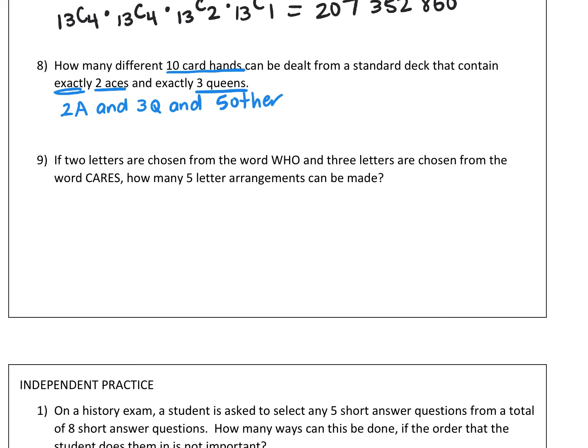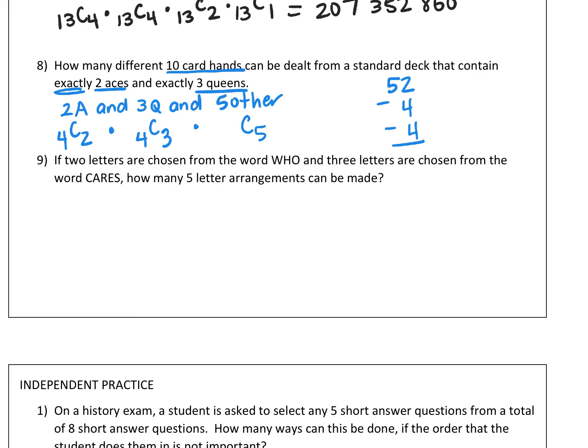So just think about how I can pick my aces. There are 4 aces in the deck and I want 2 of them, and and means to multiply. Queens, there are 4 queens and I want 3 of them. And I need to choose 5 other cards. So I have to think about how many cards are left. Remember, there's 52 in the deck. I have to take away all the aces because I can't have any more aces and I can't have any more queens.